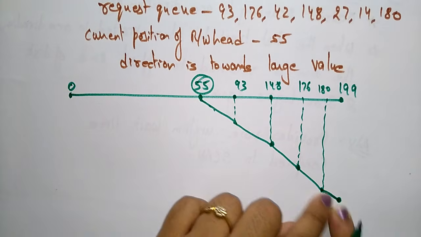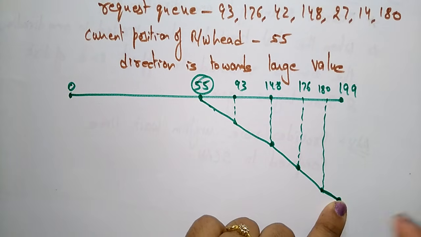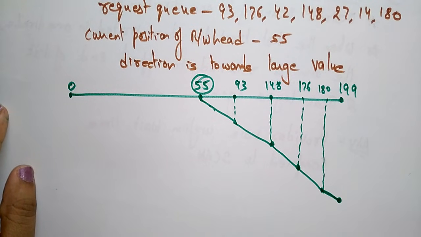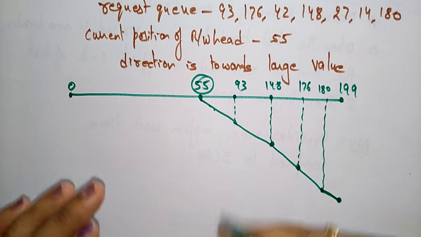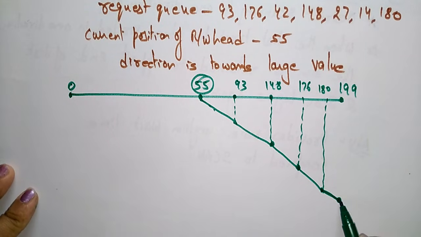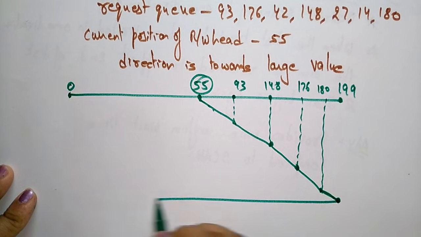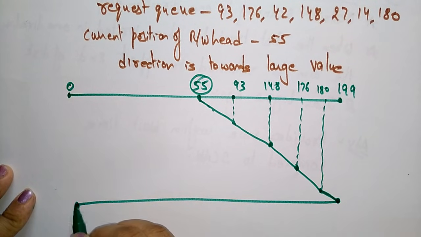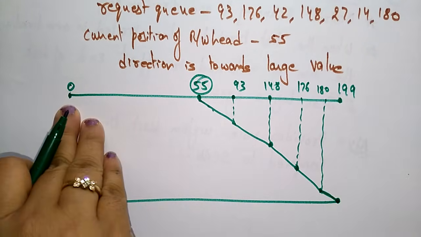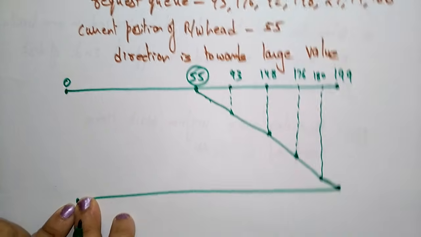So it comes to 199, and since it has been visited in one direction, the arm is returned to the opposite end. Opposite end means from 199 it directly reaches the 0 position. In circular scan, it reaches the opposite end, so the opposite of 199 is 0, and it directly goes to 0.